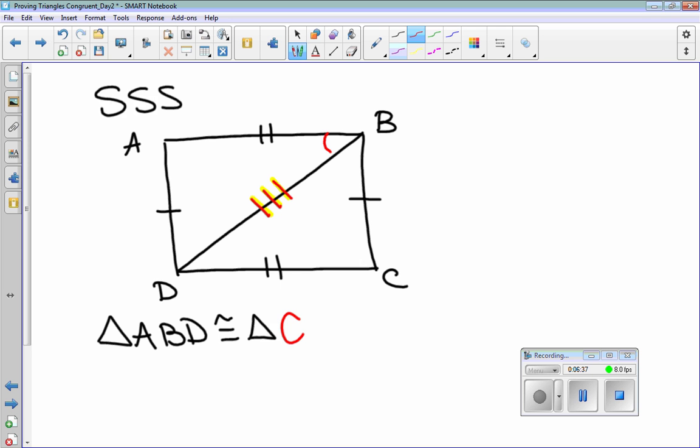Don't mark that, by the way. I just marked it so you can see it. ABD is between sides 2 and 3. In the bottom triangle, what angle is between sides 2 and 3? Down here at D. Don't you agree? So D actually corresponds to B in the other triangle.